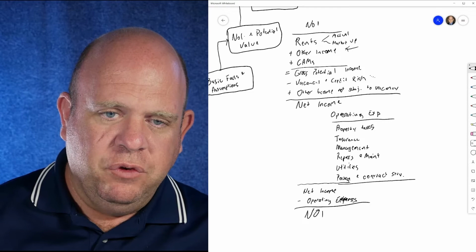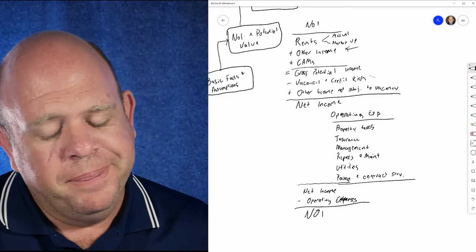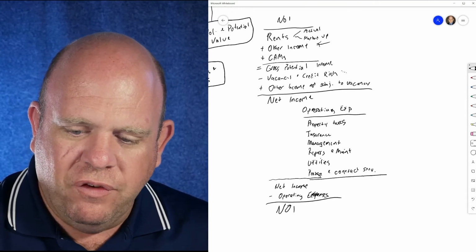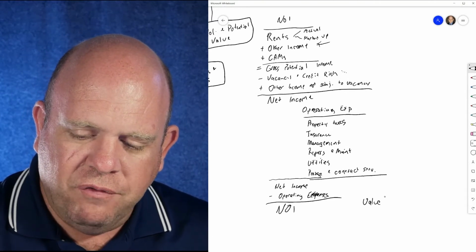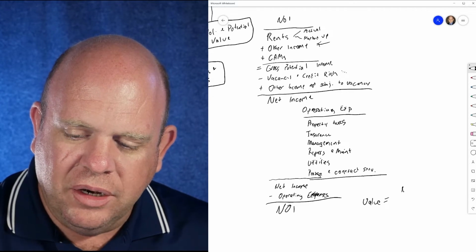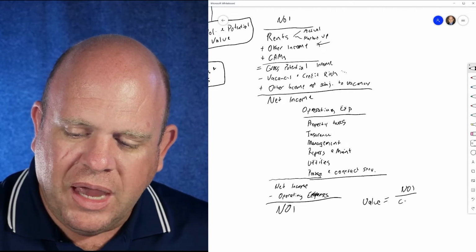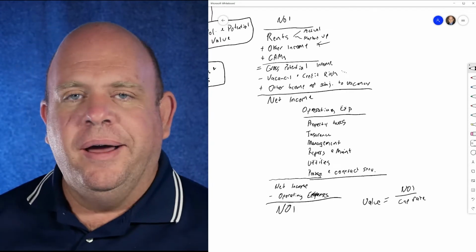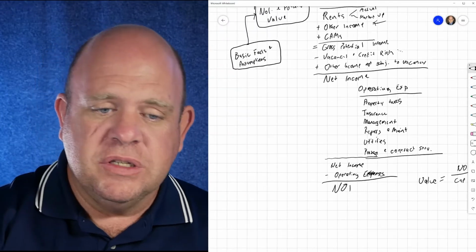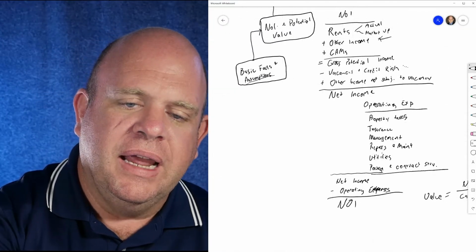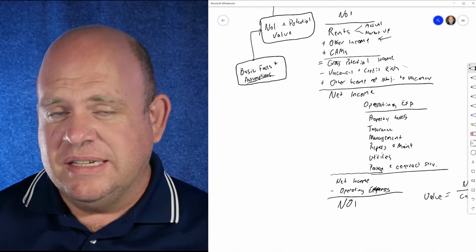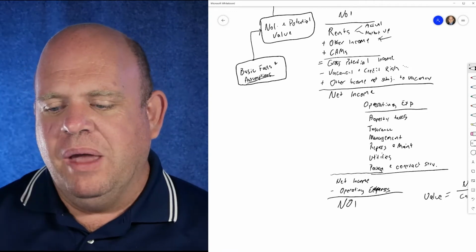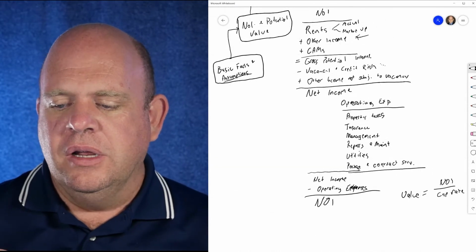And then if we wanted to take the potential value, it's really a simple measure. The value of anything is calculated by the NOI divided by the cap rate. The cap rate is one of those assumptions that comes from market data by looking at similar properties that are similarly situated and what their cap rate would be.